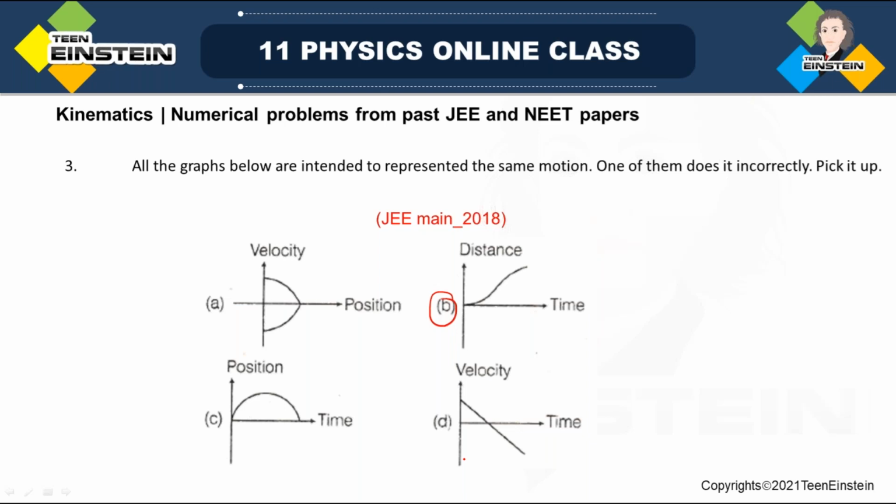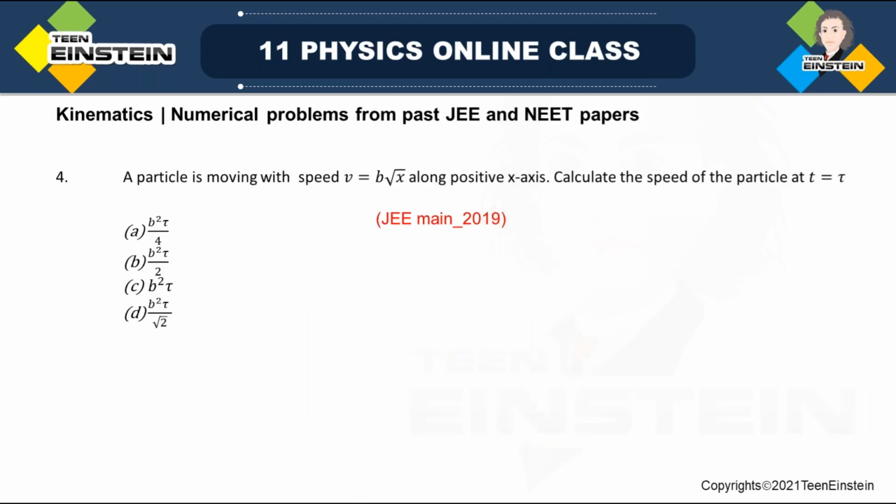Okay, now we'll go to the fourth problem. In this problem, a particle is moving with velocity v given as v is equal to b square root of x. Okay, this is what is given. Now, what is the question?